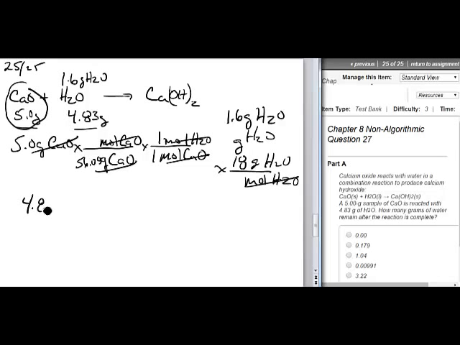So if we start with 4.83 grams of H2O, we consume 1.6 grams of H2O. That leaves 3.23, and the answer key says it's 3.22. Okay, and that's 25. So those are the ones out of Chapter 8, and I'll put those up online.